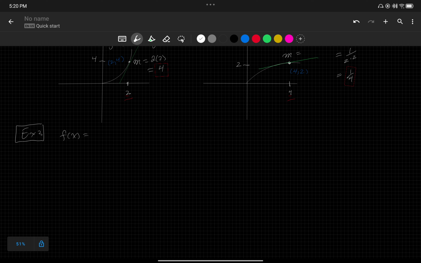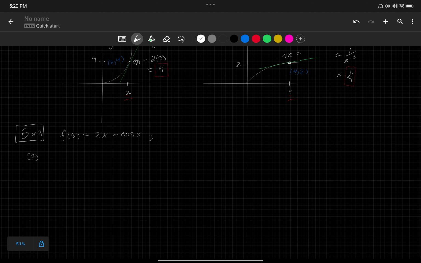So 2x, and then cosine of x. So part A. Find the slope of the tangent line.